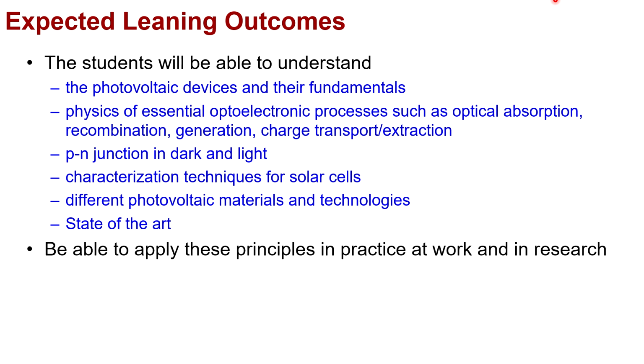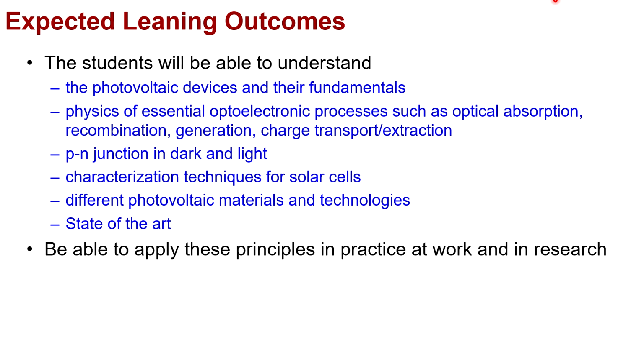So what do you expect to learn from this course? Well, you will be able to understand first of all the photovoltaic devices and their fundamentals, how they work. You will be able to understand the physics of a variety of processes, including device processes, materials processes, and optoelectronic processes related to carrier generation, carrier movement, carrier recombination, etc. You will also be able to learn about PN junction operations in both dark and light, and characterization methods for solar cells, how they are made, what the different technologies are, and what the state of the art is at the moment.